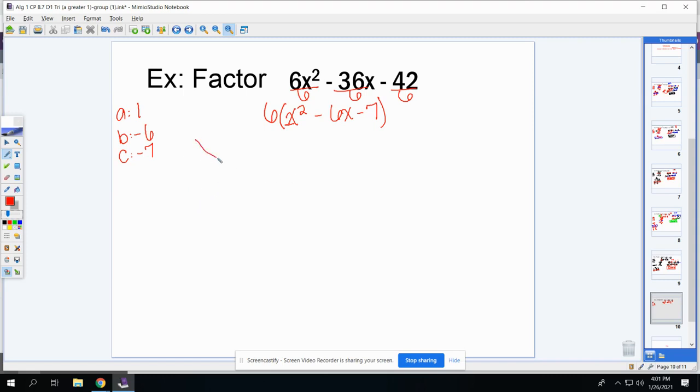So go ahead, make your A times C, your X method here. So 1 times -7 leaves us with -7. B is -6. So we need two numbers here that multiply to give us -7 and add to give us -6.